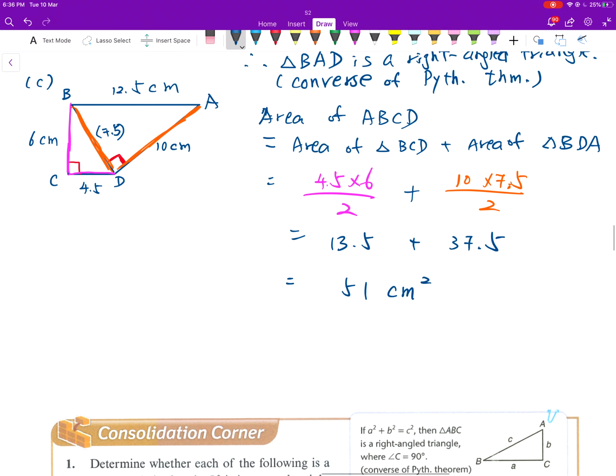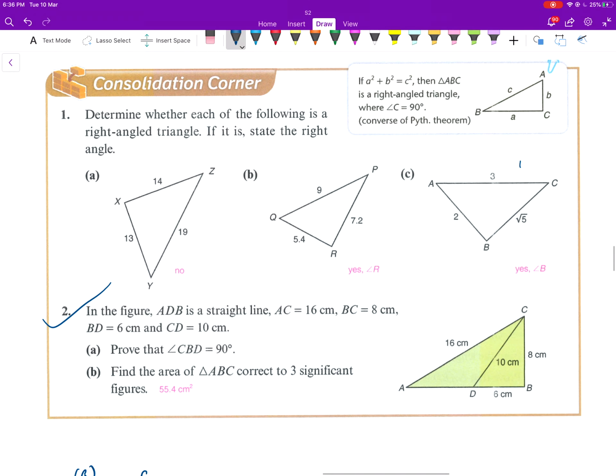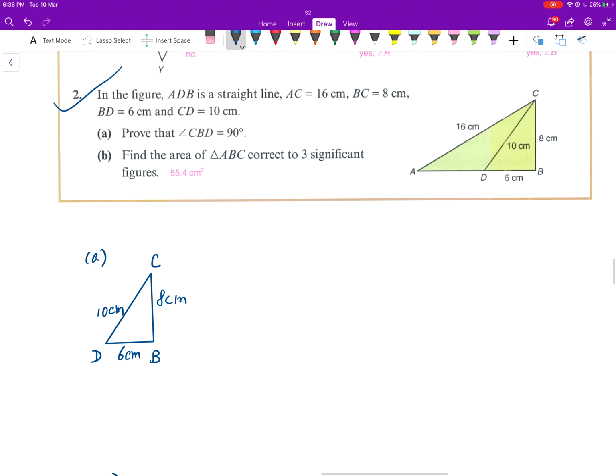Okay, and finally we will go through the consolidation corner. We will go through only question 2. Take a look at the question.